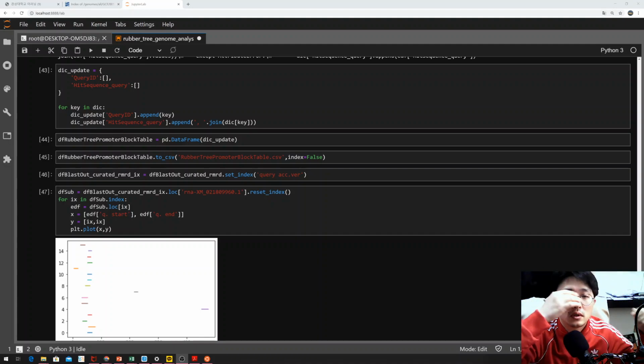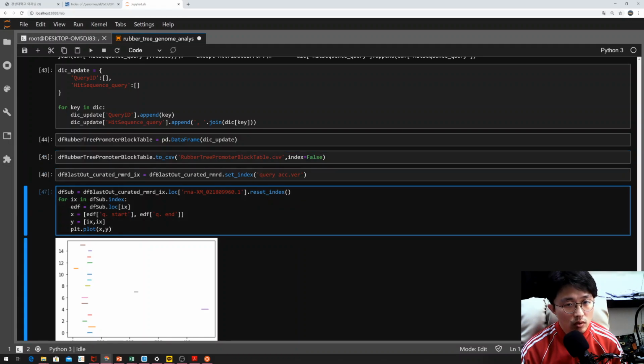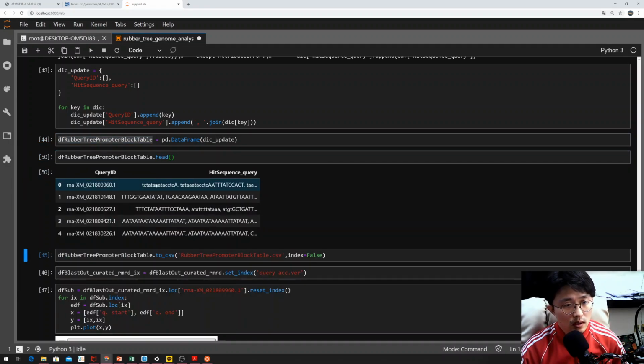So what we have done last time is that we retrieved the laboratory promoter block table, right? So let me open this table. So we have the query ID.